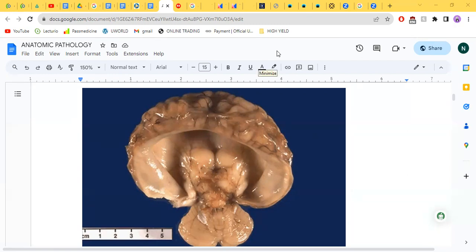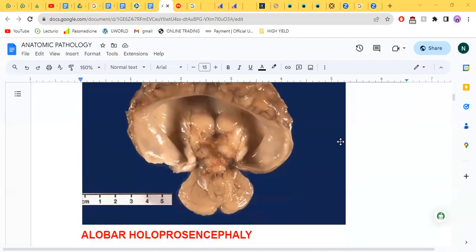And what are some of the features it presents with? Agnathia, cyclopia, yes, correct. Proboscis, all that. Then you said there are 3 types: alobar, semilobar, and one more. So alobar is when you have one huge single lobe, like the one shown above here.